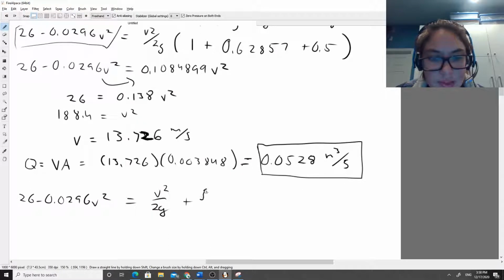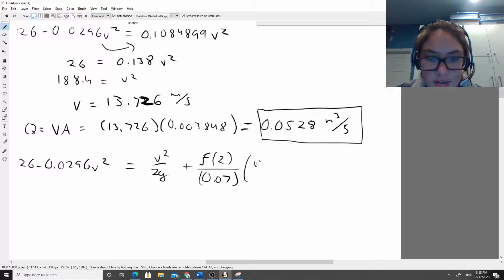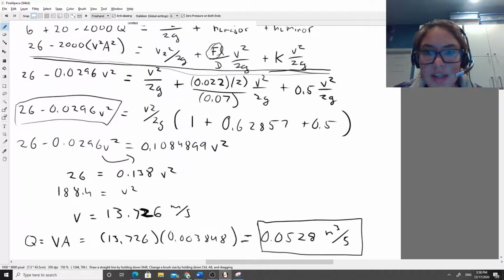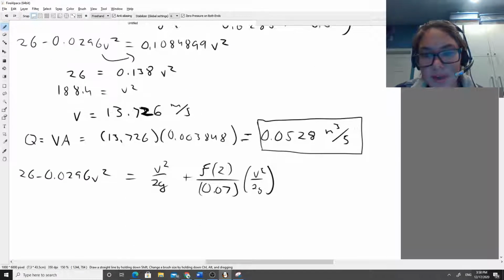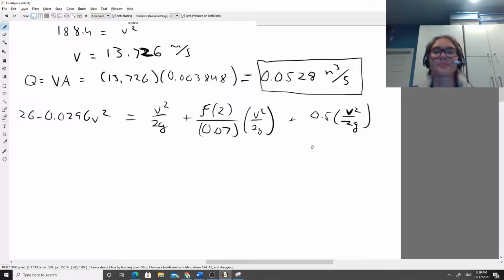So f, because we don't know what f is, because we don't know if this is turbulent or laminar. We do know still the length, though, and we still do know the diameter, though. Times, obviously, v squared divided by 2g. And lastly but not leastly, the k should still be the same, so we'll add in 0.5 v squared divided by 2g plus 0.5 v squared divided by 2g. Okay.